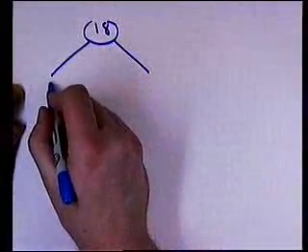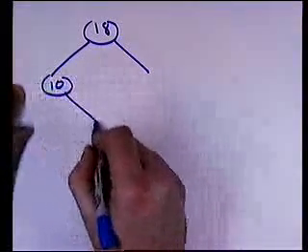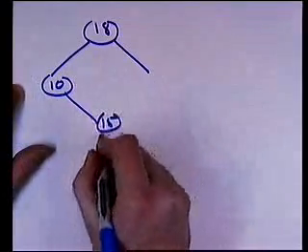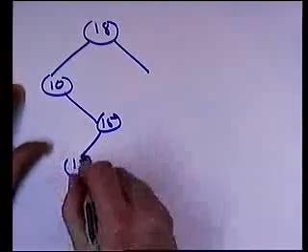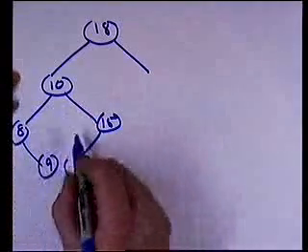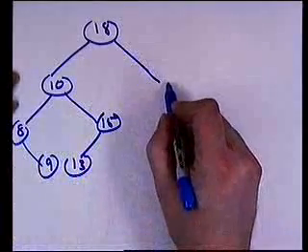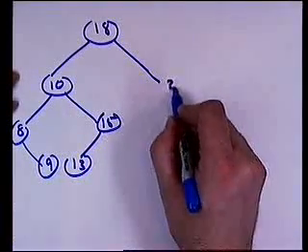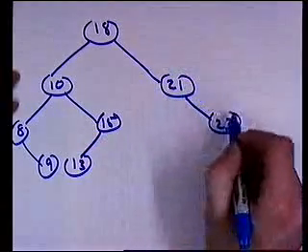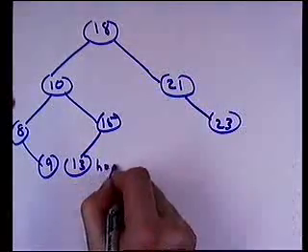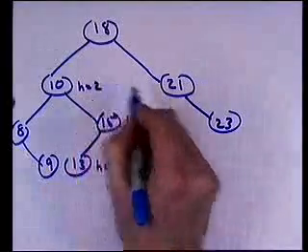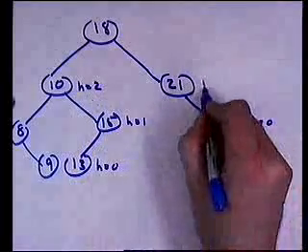And we can have here 10 and 15 and 13 and 8 and 9, 13, 15, 18, and then we have here 21 and 23. So we have here h equals 0, h equals 1, h equals 2, h equals 0, h equals 1.